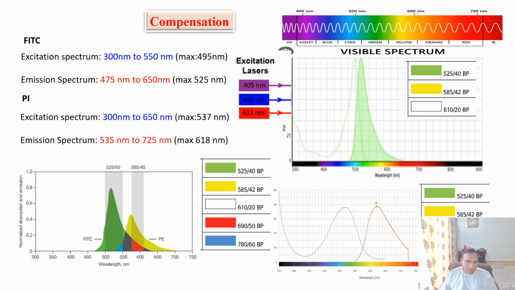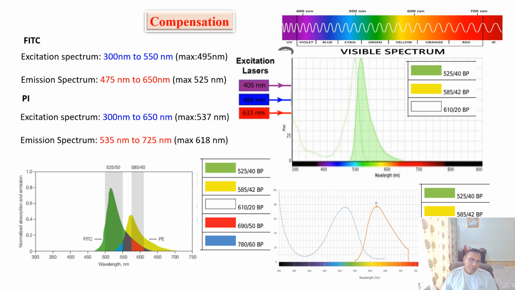In this figure, you can see this is the first filter, this is the second filter, this is 525 and this is 585. The maximum emission of light is in this 525 of FITC, but when you see the graph, the green comes into this 585 range. The red color means this cell population can be detected by the PE or PI filter.